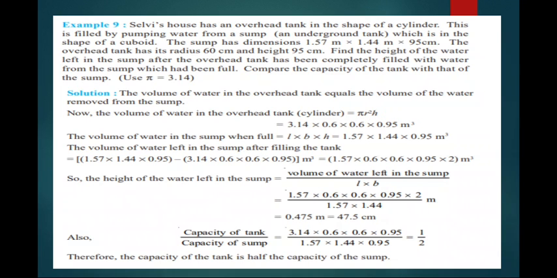Now the volume of water in the sump when it is full is equal to the volume of the cuboid, L into B into H. Just use these values, convert 95 centimeter into meter. This will be the volume of water in the sump when it is full.